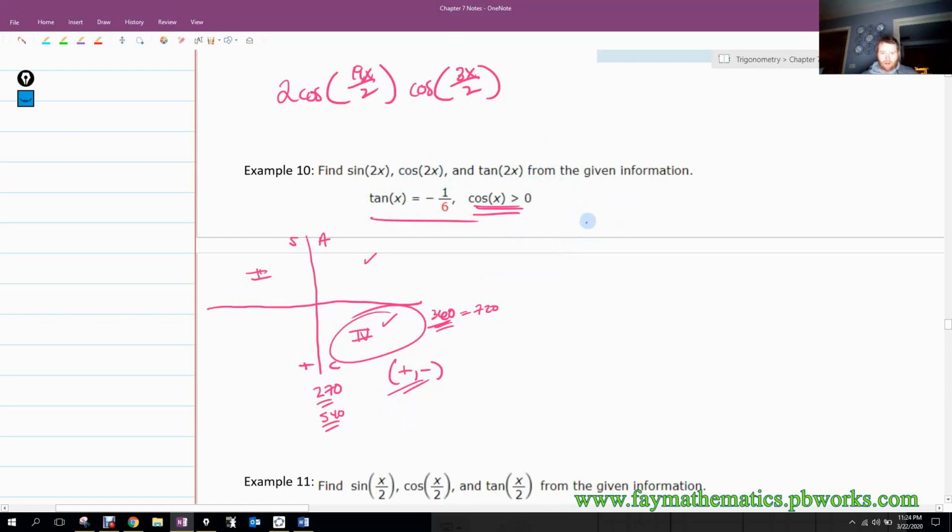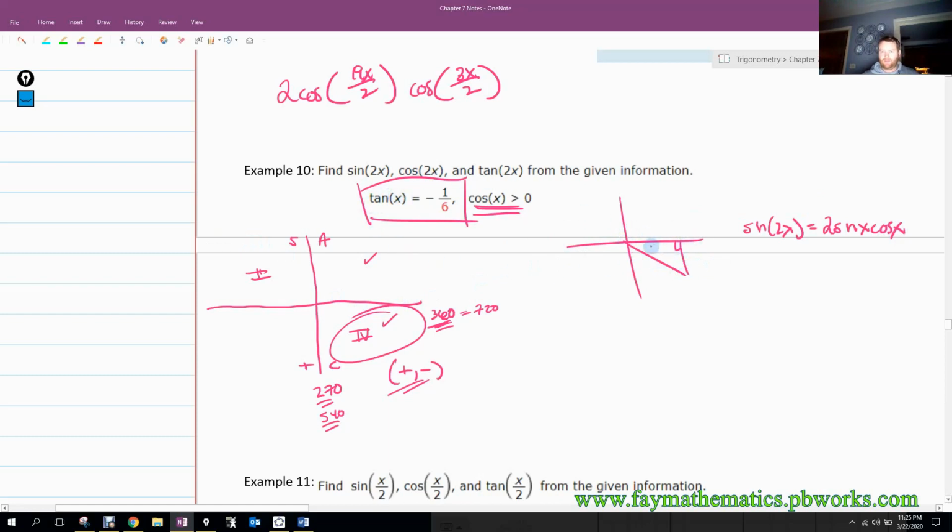Okay, so sine of 2x. First thing I have to do is realize that sine of 2x is equal to 2 sine of x cosine of x. The problem, I don't know any of that stuff. All I know is that. But I do know that we're in the fourth quadrant.